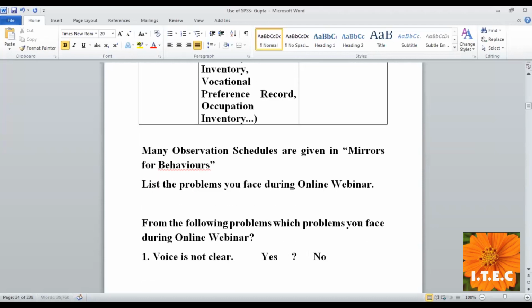Another can be: the video does not work.